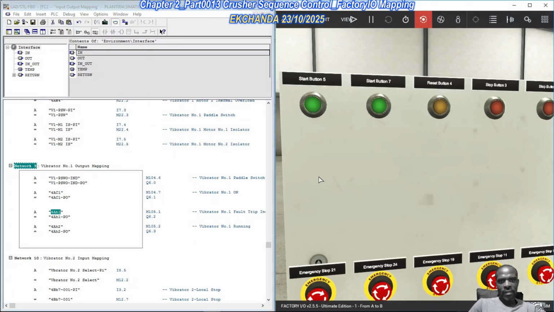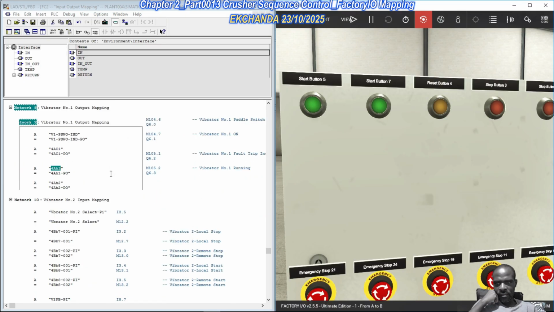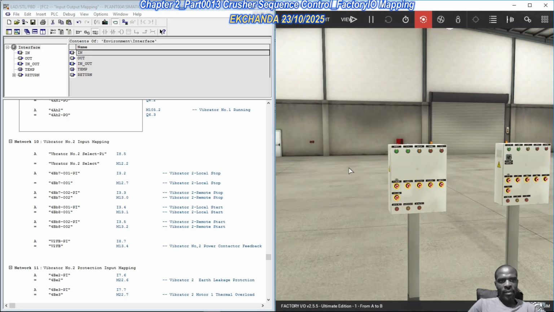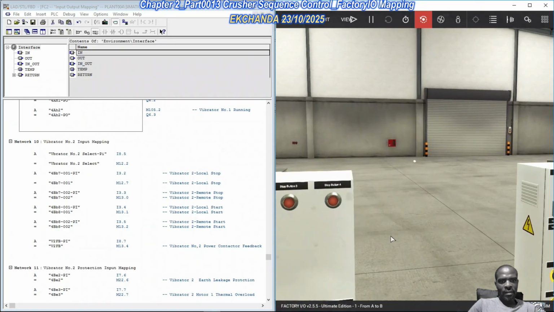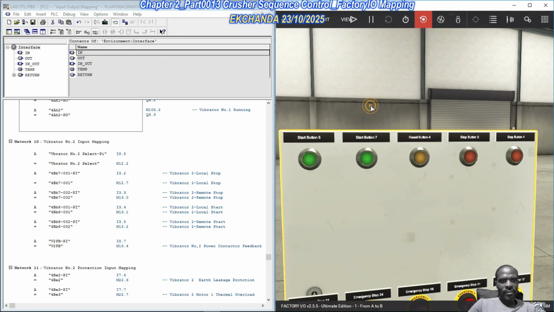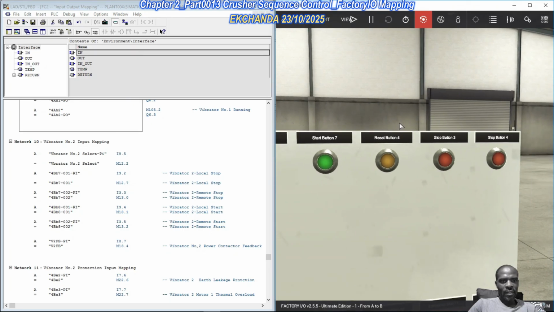I'm going to get rid of the selector switch, and then, like previously, we're going to talk about the vibrator 1 local stop, and then of course the remote stop.